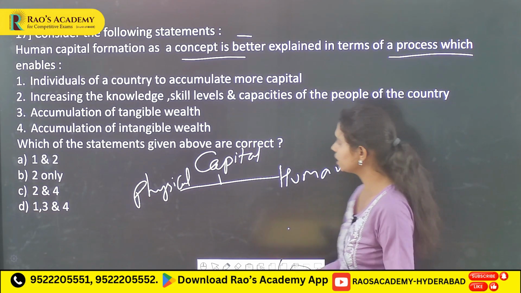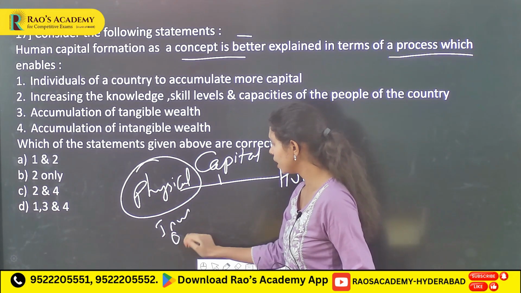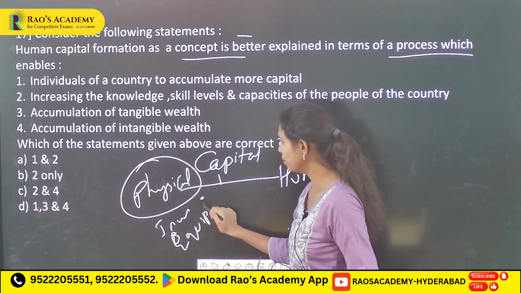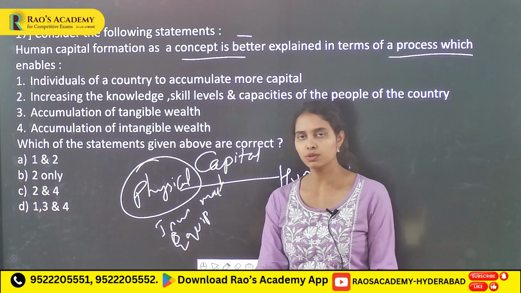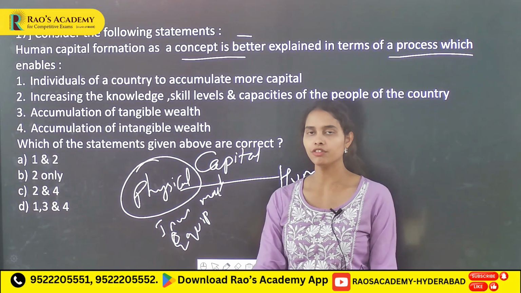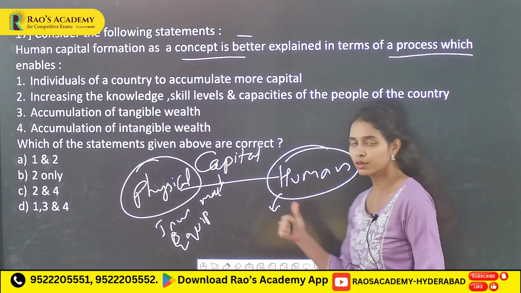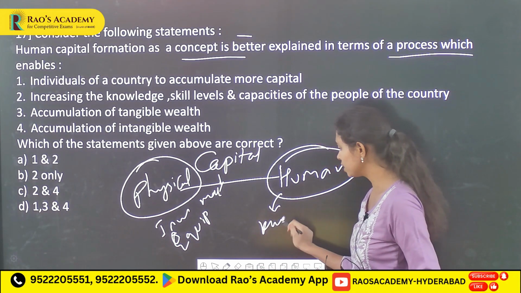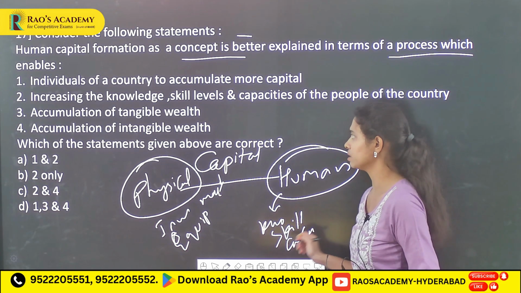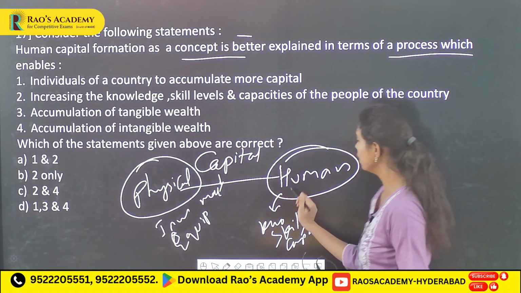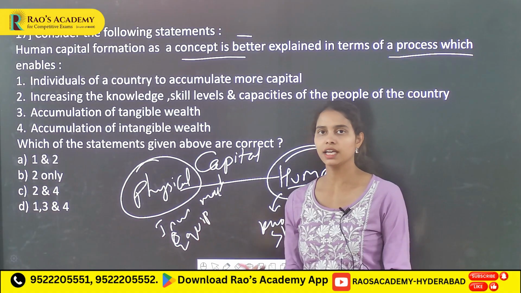The term physical capital refers to inventory, equipment as well as machinery, that means the large physical equipment and tools which are used for the production of different goods. Human capital greatly talks about the knowledge, skill as well as the capacity of a particular person, that means the knowledge, skill and capabilities of a person.